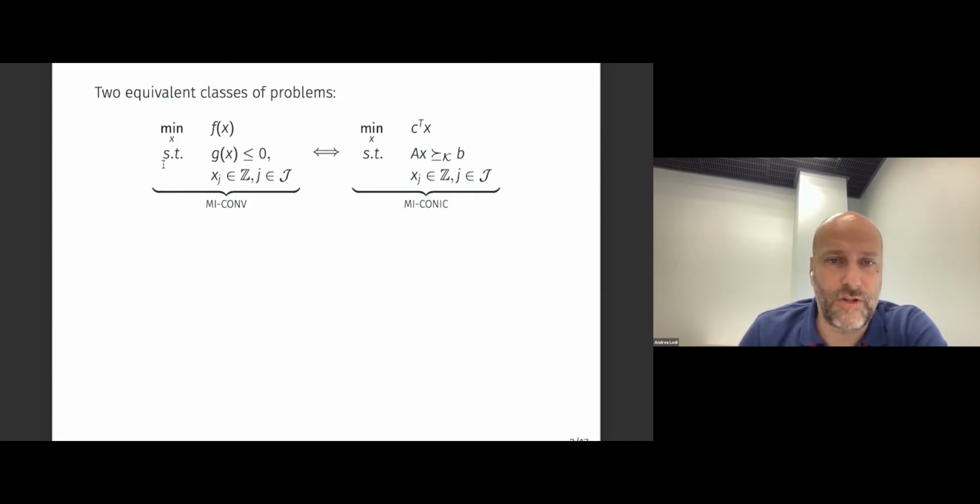Mixed-integer convex optimization doesn't assume a linear objective function, but you can always play the trick of putting the objective function as a constraint, using just a variable, so the epigraph of it. So you're minimizing a non-linear convex objective function subject to non-linear convex constraints as well. This is referred to as mixed-integer convex.